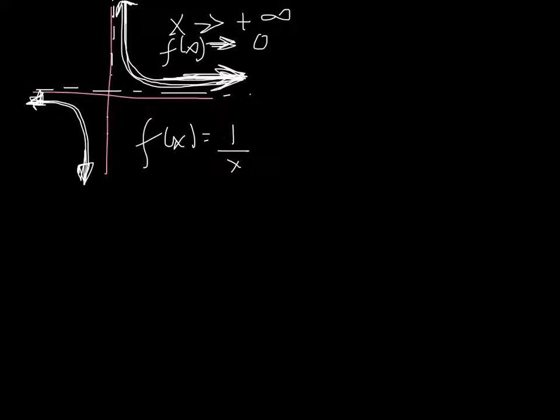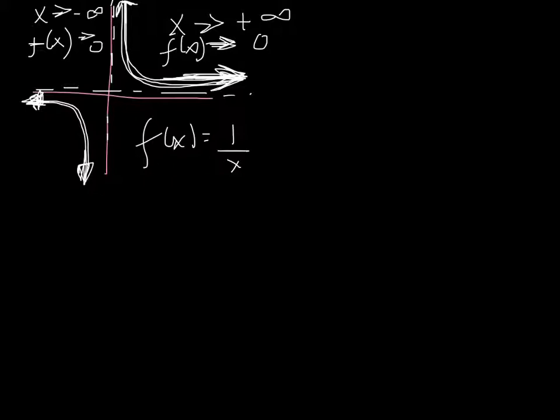And then on the left side of the graph, as x goes left, gets smaller and smaller, what's this doing? It's approaching 0 also.